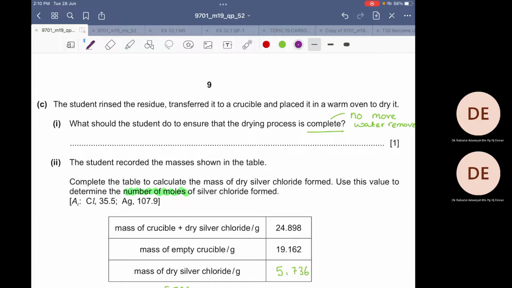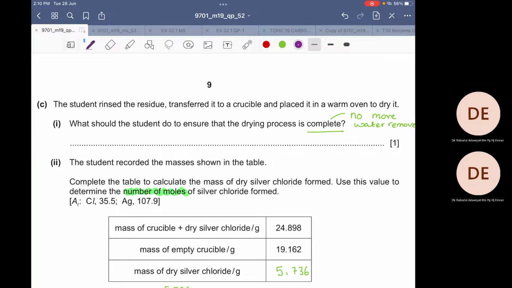If you measure the mass of the solid, maybe after 5 minutes of drying in the oven, and then you measure the mass again after 10 minutes of drying. If there's no change in mass, that means the drying process is complete. Okay? If the mass continues to decrease, that means there's still water.